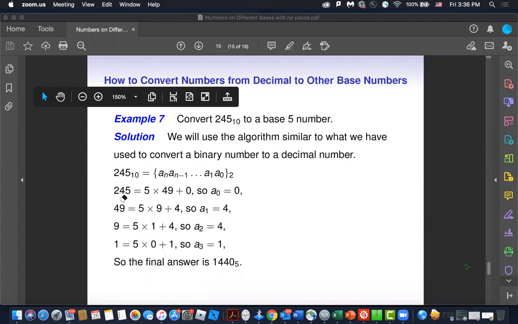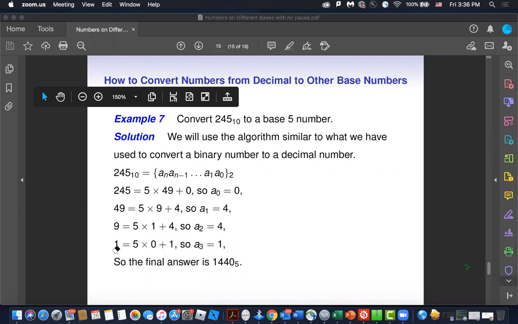So 245 divided by 5, the remainder is 0, so a sub 0 is 0. And the quotient is 49. So 49 divided by 5, the remainder is 4. And 9 divided by 5, the remainder is also 4. And the next one is probably the confusing one, because this time the quotient inherited from the previous step is 1.